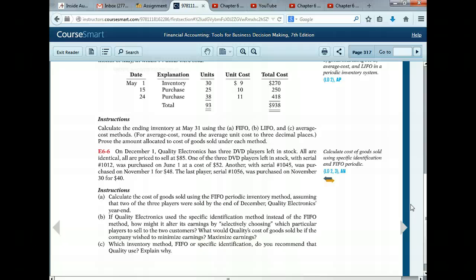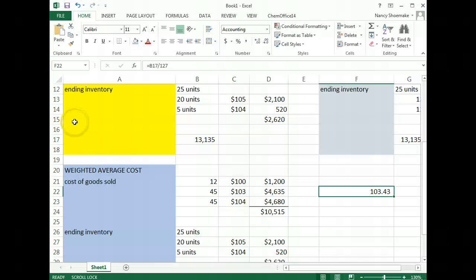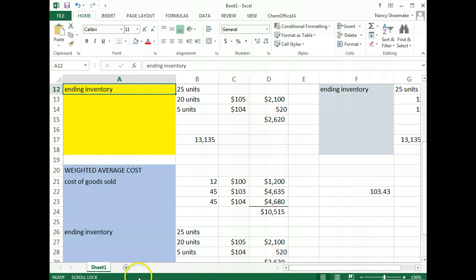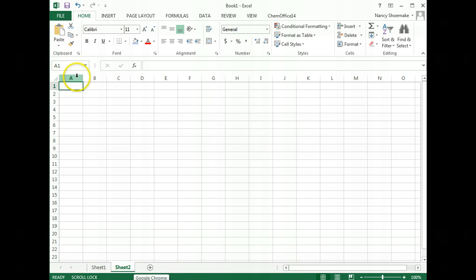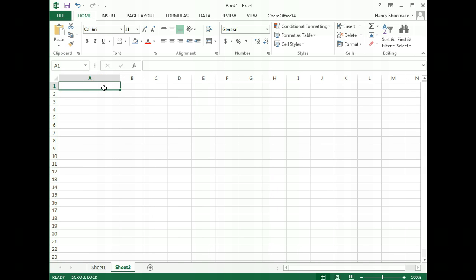Quality Electronics year end. So there are 3 DVD players, and one was purchased on June 1st at $52. One unit, $52.